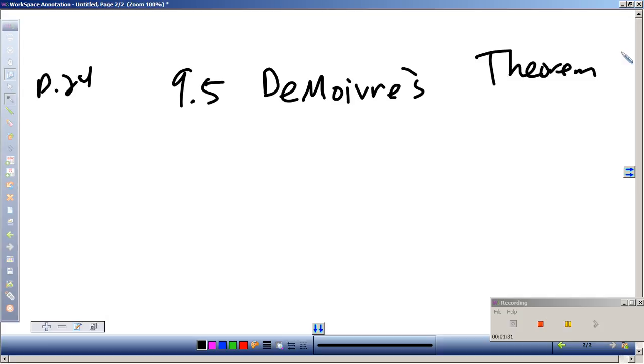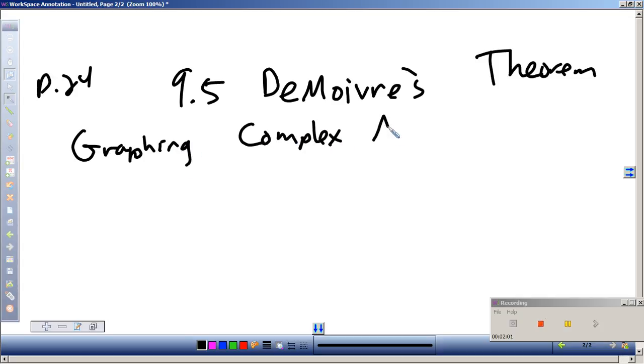Now, the first part of this section is very easy: graphing complex numbers. Anytime you're graphing complex numbers, one of the key things, and I'm sure at least one person in here is going to forget to do this.